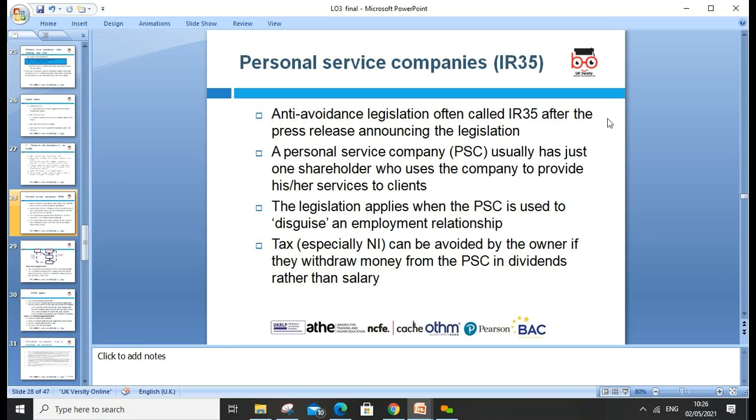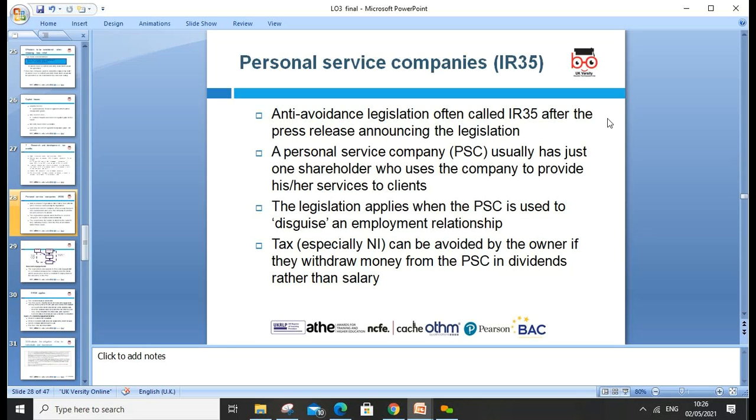Anyone else, any ideas about IR35? Of course, it is still going to be delayed, because last year it was supposed to come in but was delayed due to COVID. So a personal service company, we know all umbrella companies, yes? It has just one shareholder who uses the company to provide his or her service to clients.